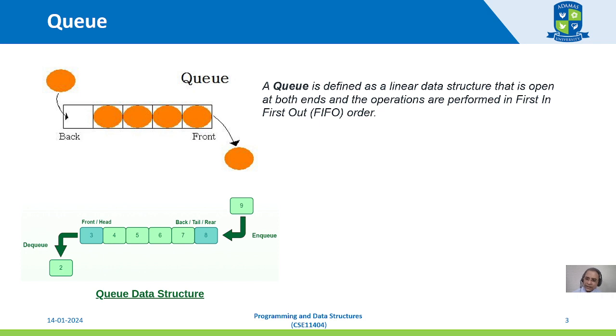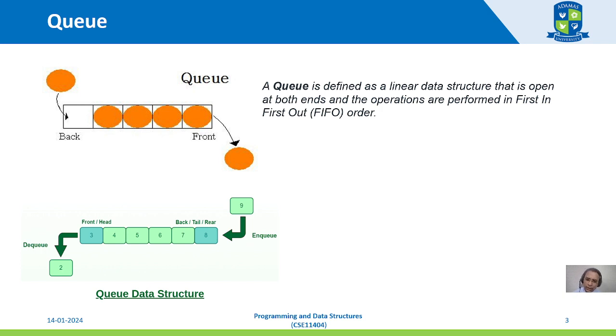So when we insert an element into the queue, we use the enqueue function. We call it enqueue, that is, enter into the queue. And when an element is deleted from the queue, we use the dequeue function, that is, deletion from the queue.